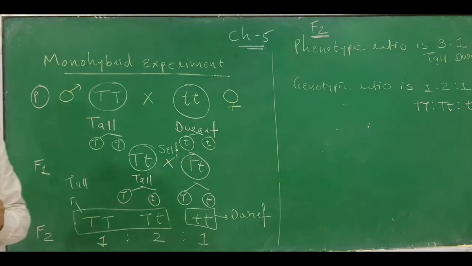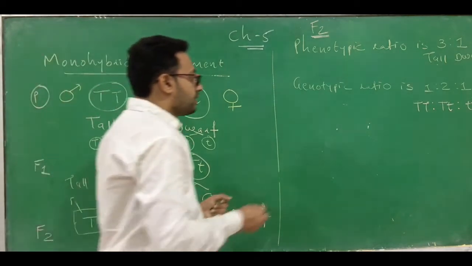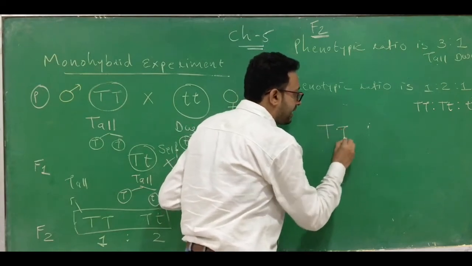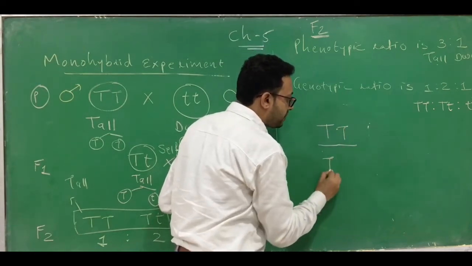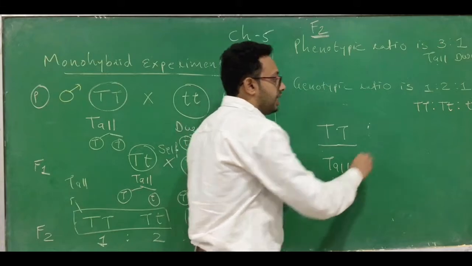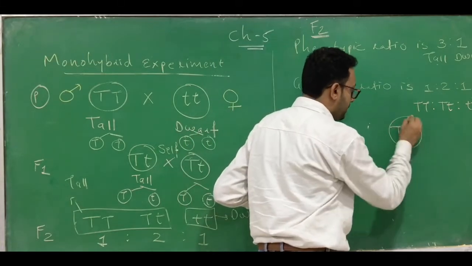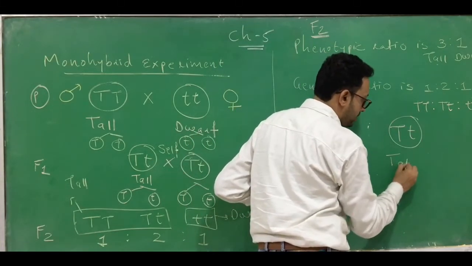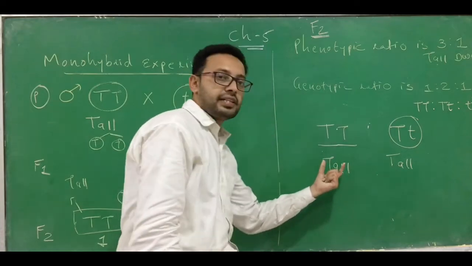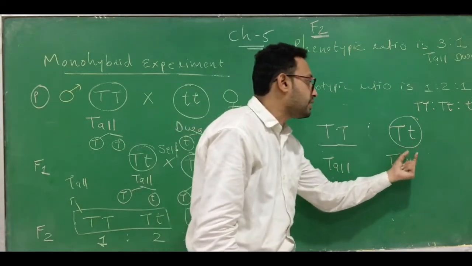Now today what we have to understand: here capital T indicates tallness, and capital T, small t also indicates tallness. The meaning of capital T T is tall, and capital T small t is also tall.